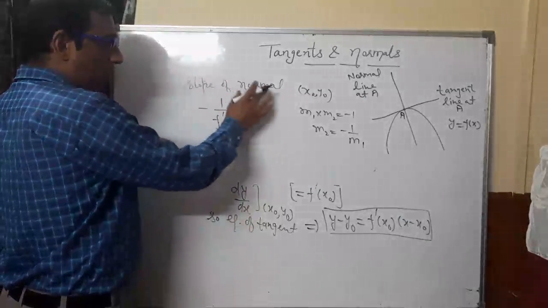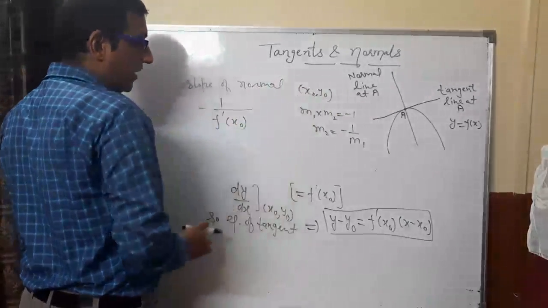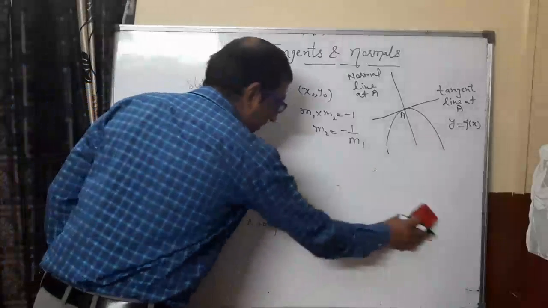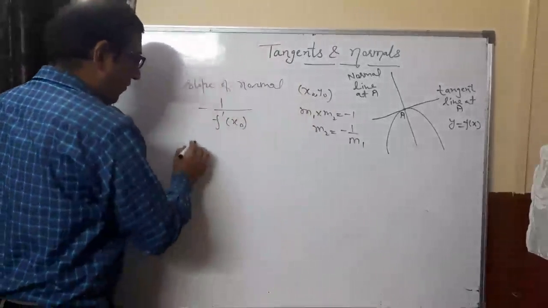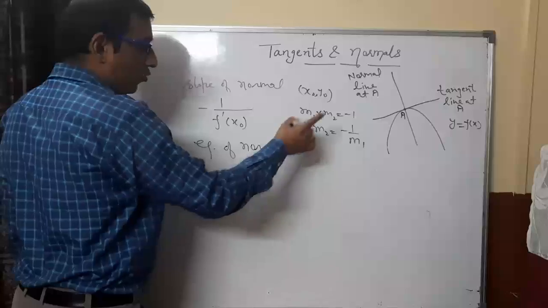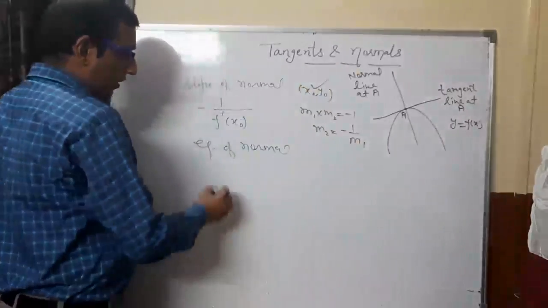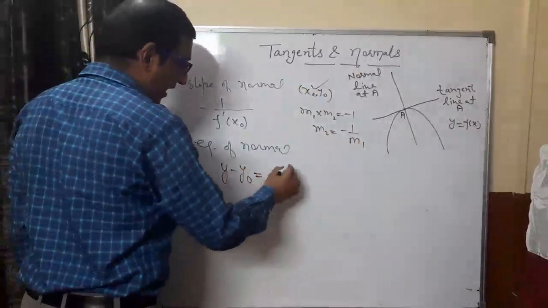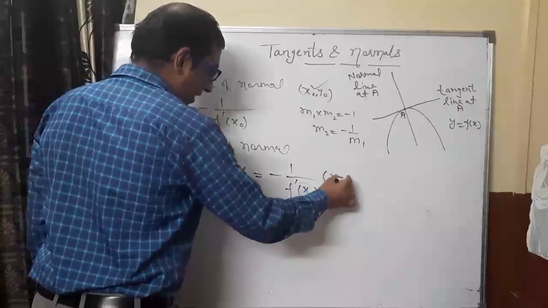So if the slope of the normal to the curve y equals f(x) at the point (x0, y0) is minus 1 upon f'(x0), then how can we show the equation of the normal? We can say the equation of the normal to the curve y equals f(x) at the point (x0, y0) is y minus y0 equals minus 1 upon f'(x0) times (x minus x0).